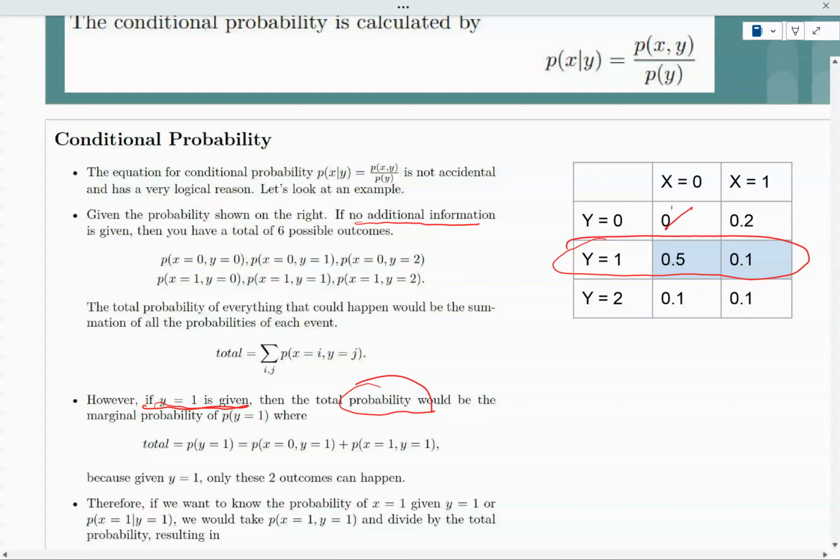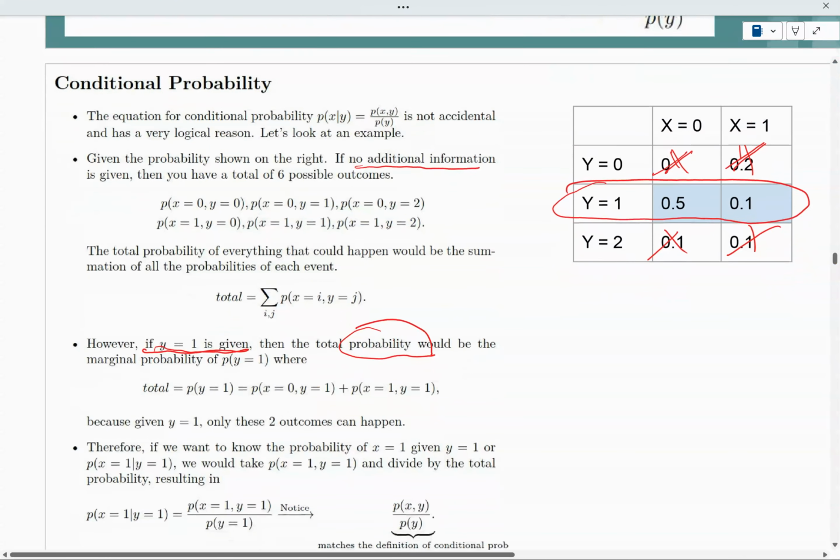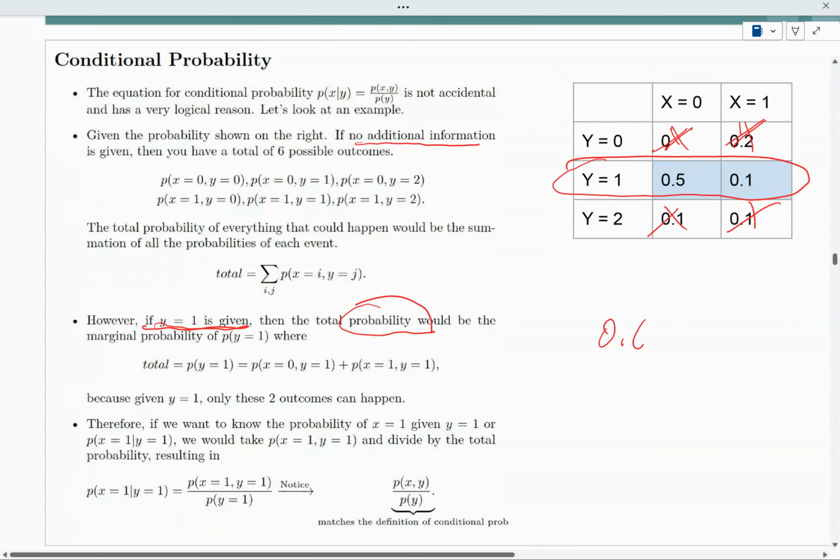These other events are gone. They can't happen because you already know they didn't happen. Therefore, the total probability that could happen is 0.6, which is the probability that y is equal to 1.